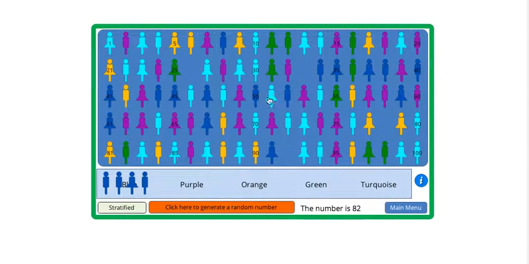And so let me do a smaller one just to show you. 1, 2, 3, 4, 5, 6, 7, 8, 9, 10 greens. So we're going to take 2 of them. So generate a random number. So we'll take the person that's closest to 73. Again, it'd be better to generate a number between 1 and 10.